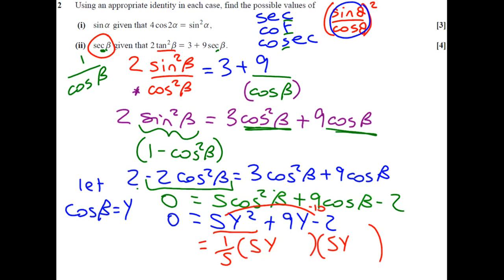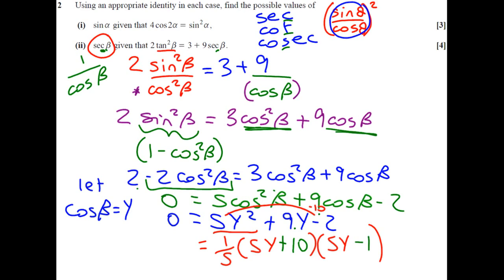So that means that what we need to do now is look for numbers that multiply to make minus 10 and add to make 9. Can we think of any there? So it's going to be plus 10 and minus 1.